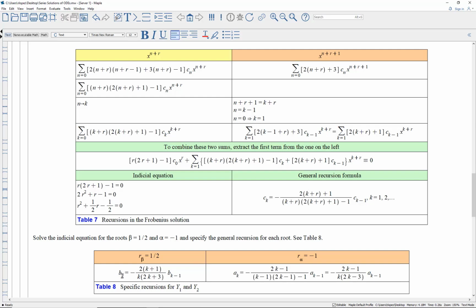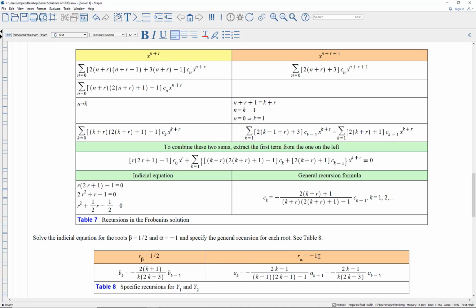And I'll say bk in terms of bk minus 1. Does that make sense? We got r is a half, so you got a half here. You're going to get a 2k, you're going to get a 1 and a 1. So we get 2 factor of k plus 1. And you can check that this becomes this when r is a half.